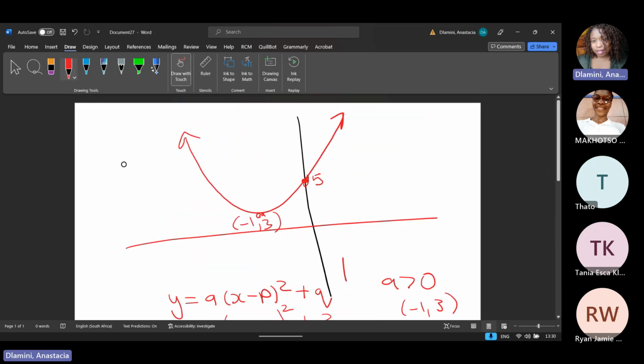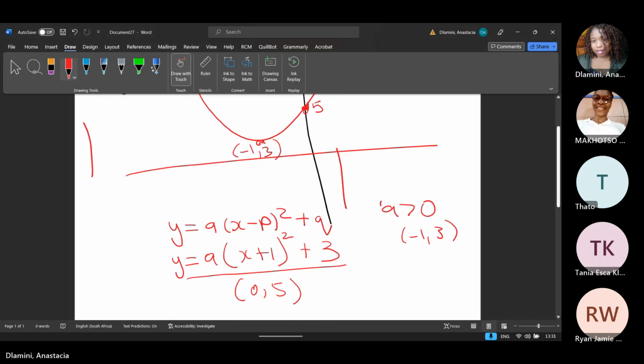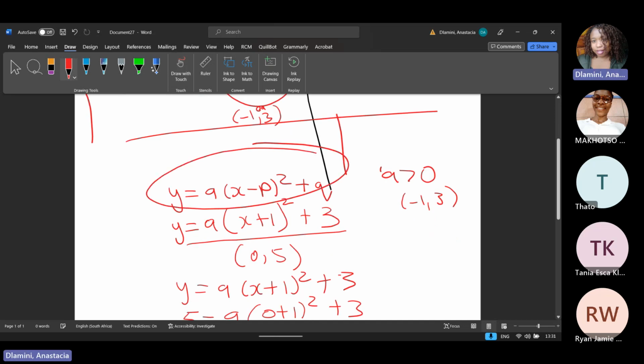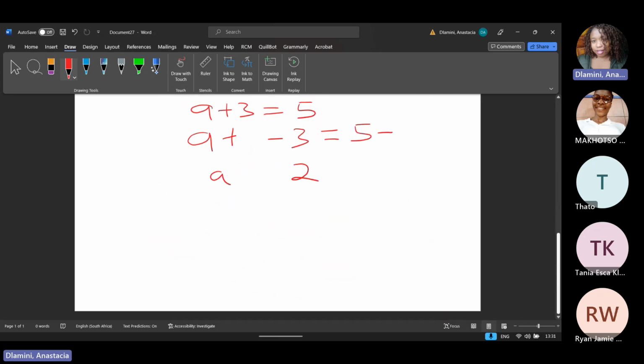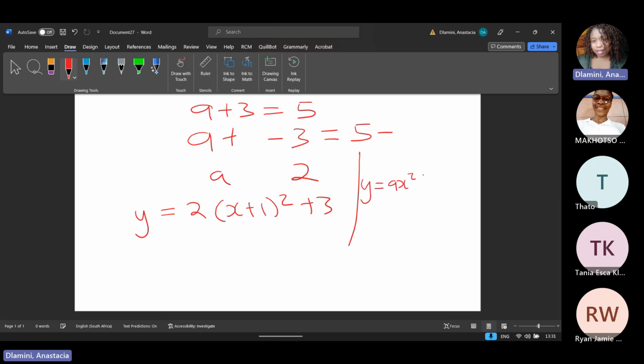Remember that we use the vertex form, right? We use this form because we had the turning point and the y-intercept. But I can ask you to write the standard form of this equation. So if you have y equals 2 times x plus 1, squared, plus 3, and I want you to write it in standard form, which is y equals ax squared plus bx plus c. So you can just multiply.